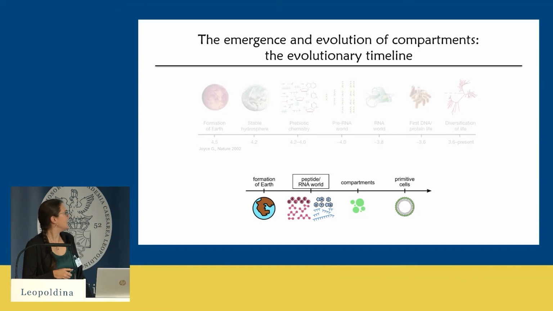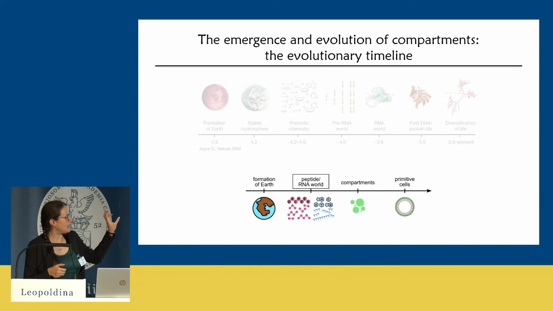The first one is the peptide RNA world, or RNA peptide world. This is something that I know we have already mentioned today, and I know is very close to the research that Thomas is doing.